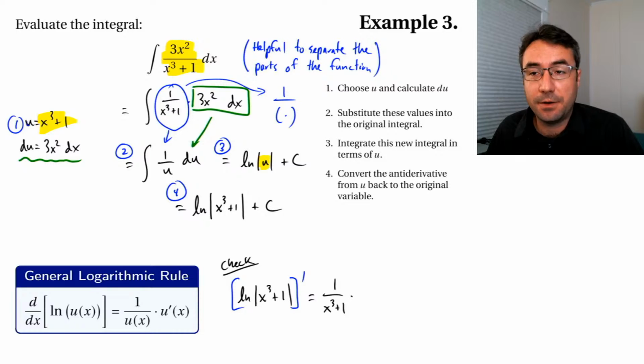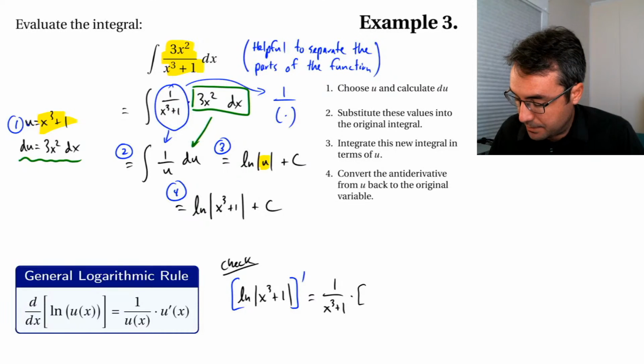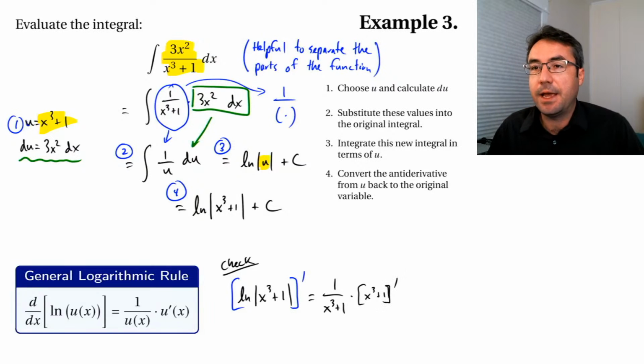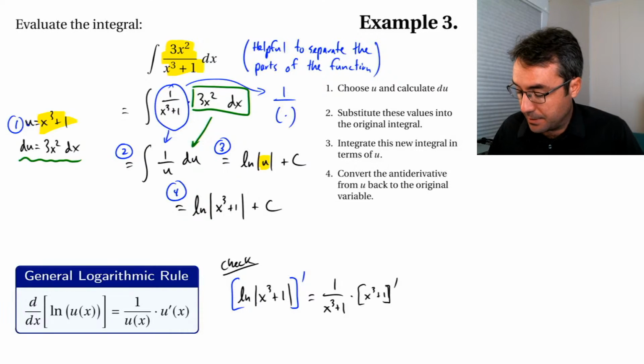So derivative of x cubed plus 1. And the derivative of x cubed plus 1 is 3x squared.